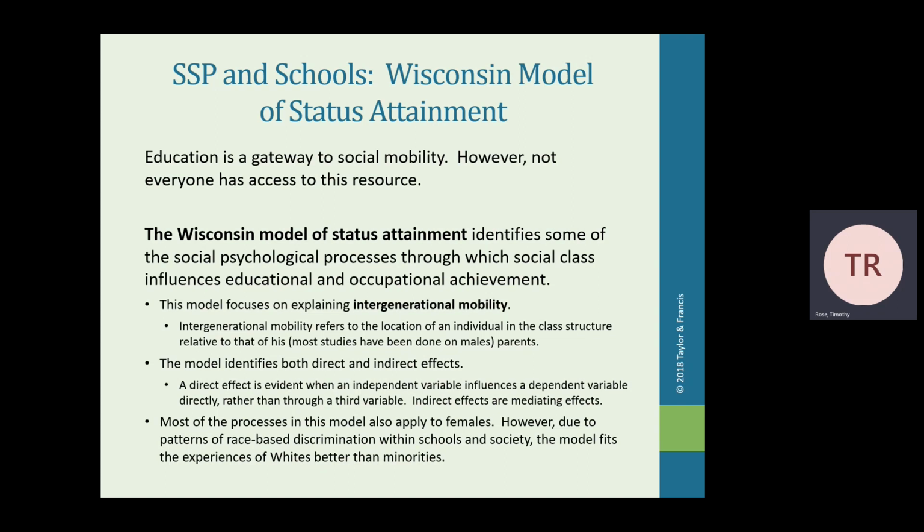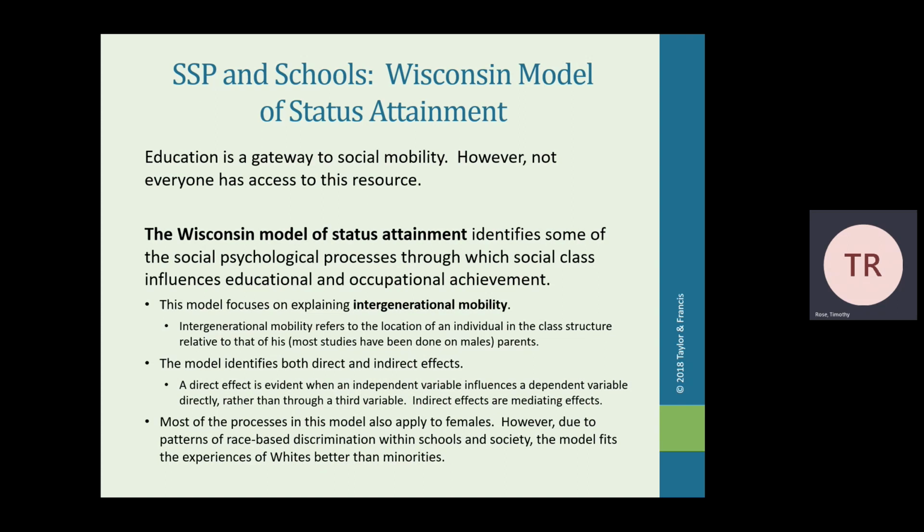Now, important to note, though, not everyone has equal access to education as a resource. So the Wisconsin model of status attainment identifies some of the social psychological processes through which social class influences educational and thereby occupational achievement.